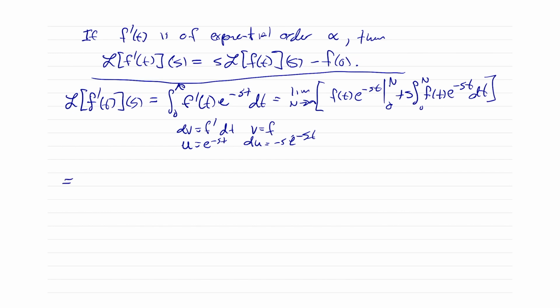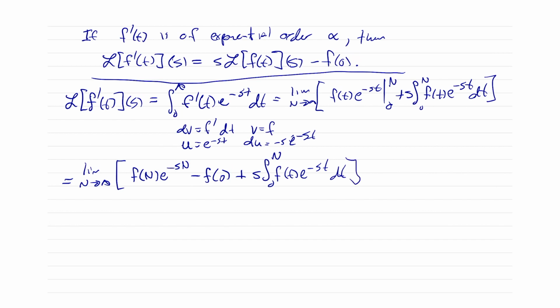Okay, so now let's take a look. This thing is equal to the limit as n goes to infinity of f of n times e to the minus sn minus f at 0, and then we get plus s times the integral from 0 to n of f of t e to the minus st dt.